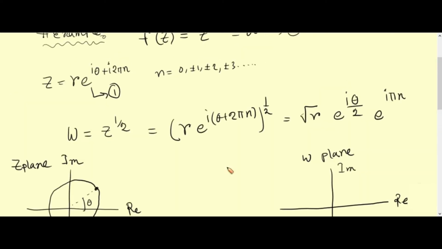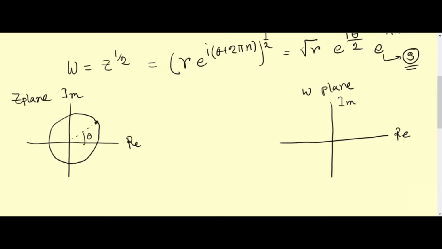If you do that, you can see from this equation, let's call it equation 3, that whenever z makes a full rotation, our w will make half of it, that is it won't cover the entire w plane, because if you put n equals 1, you will get e to the power i pi, which is just minus 1, and this will correspond to minus square root over r e to the power i theta by 2. So it's only covering half of the plane from here.